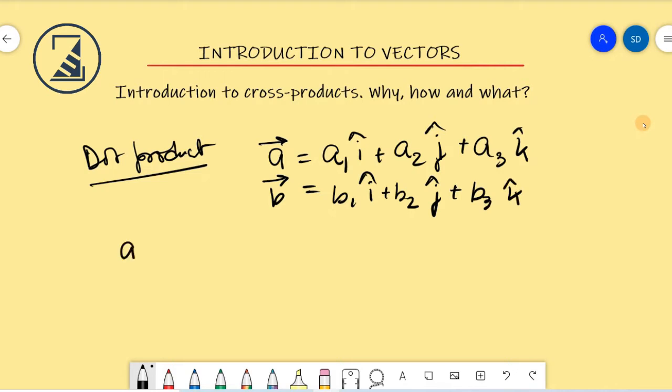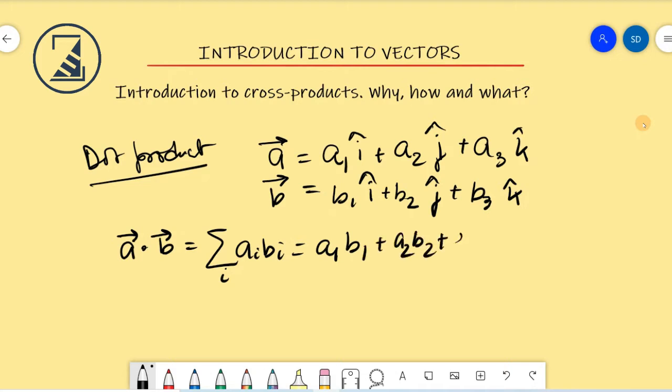The algebraic definition of a dot b is just summation ai bi with running index i, which is nothing but a1 b1 plus a2 b2 plus a3 b3.